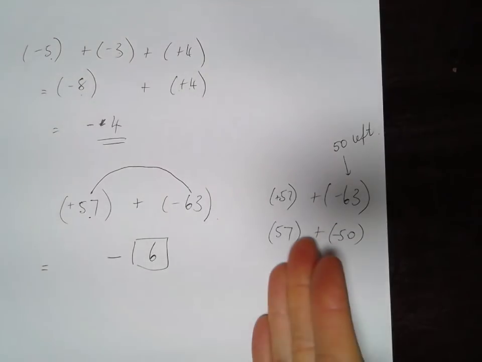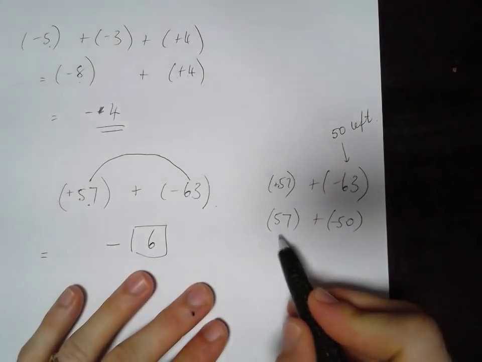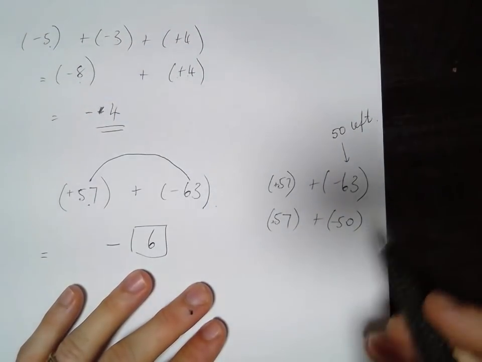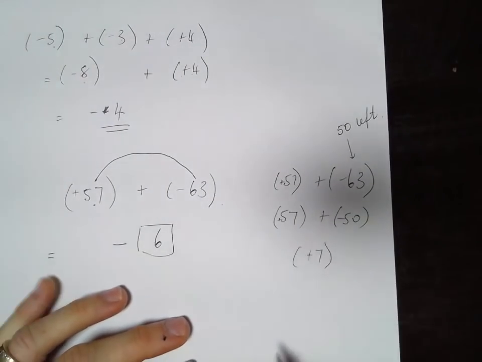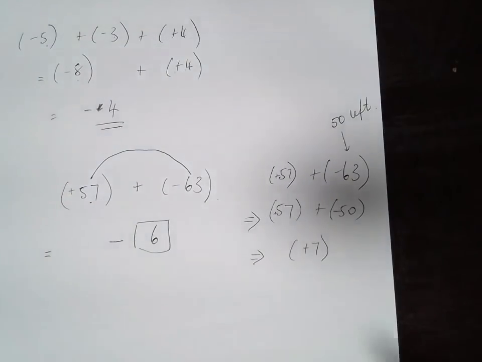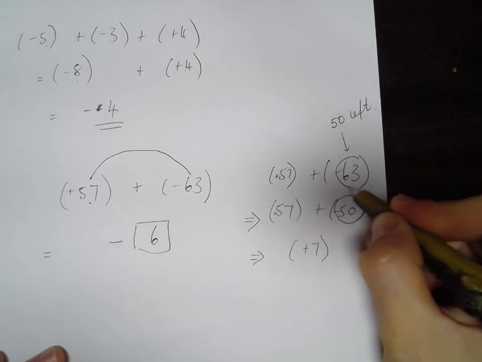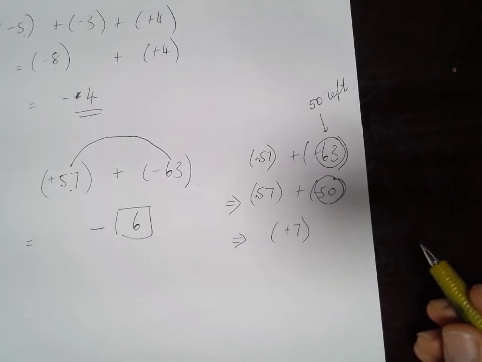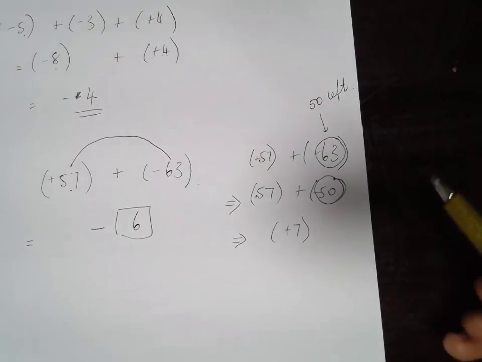So if you go 57 and you're going to take away 50, start at 57 positive and go 50 places to the left. So far you're still on +7. If you've gone 50 places and you have to go 63 in total, how many do you have left to go backwards, or to the left?